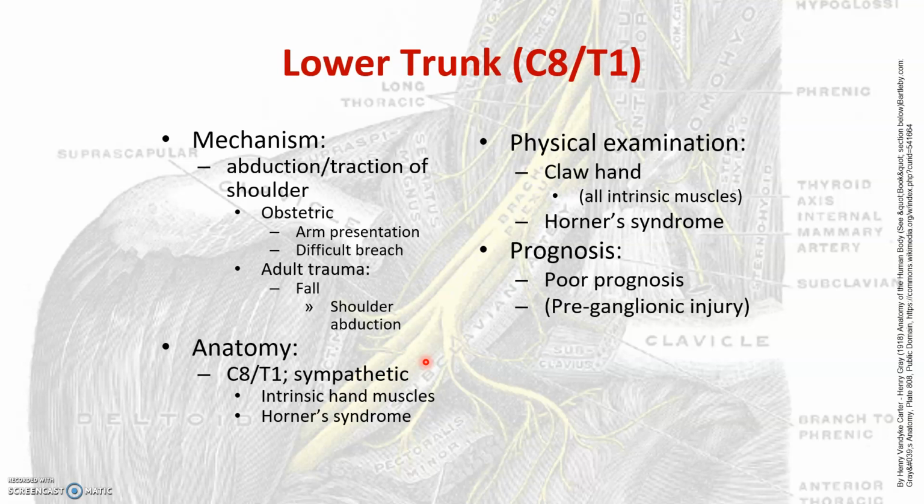C8 and T1 are affected, as well as the sympathetic nerve trunk, so the patient tends to have weakness of the intrinsic muscles of the hand and Horner's syndrome. On examination, the patient has a claw hand involving all the intrinsic muscles and Horner's syndrome. Unfortunately, these injuries often are accompanied by more severe nerve damage, and prognosis is poor.